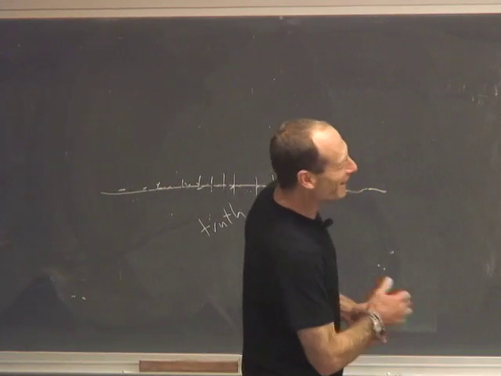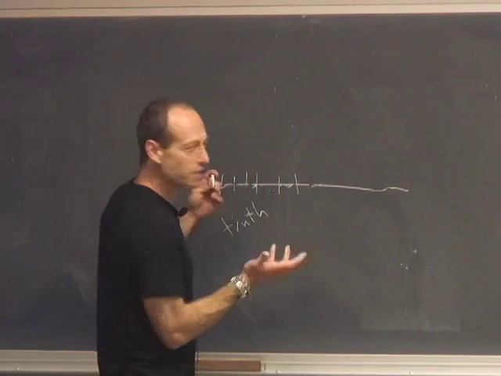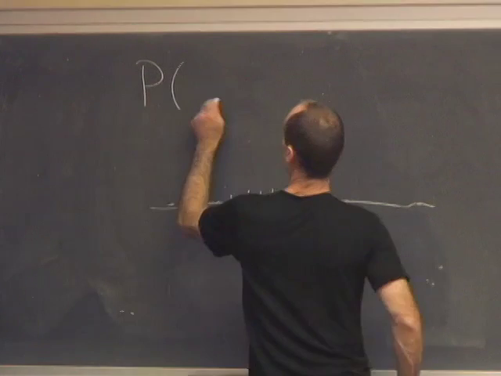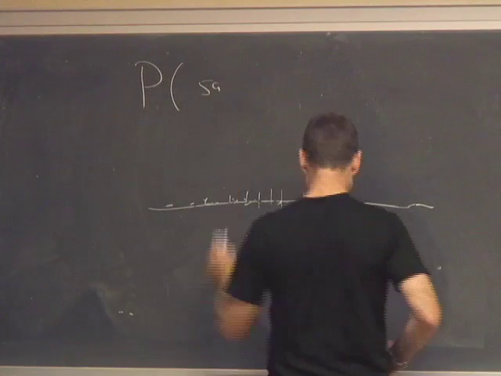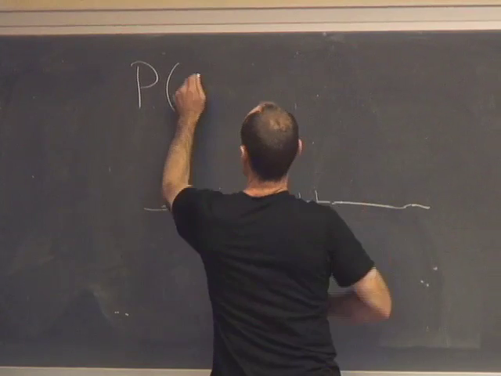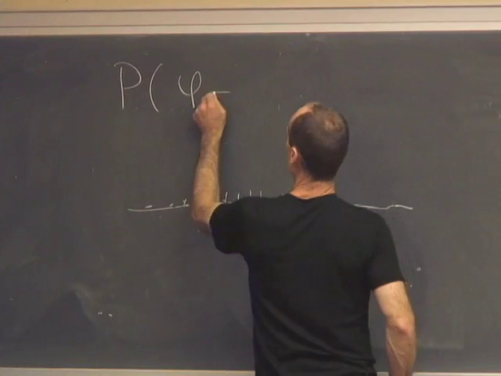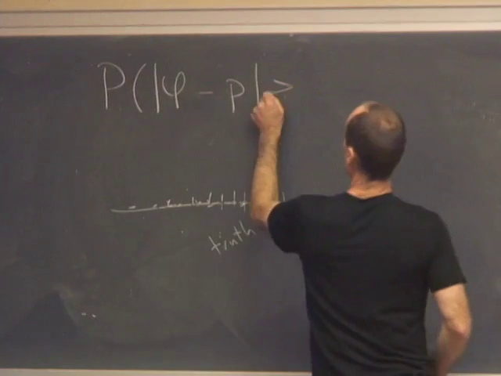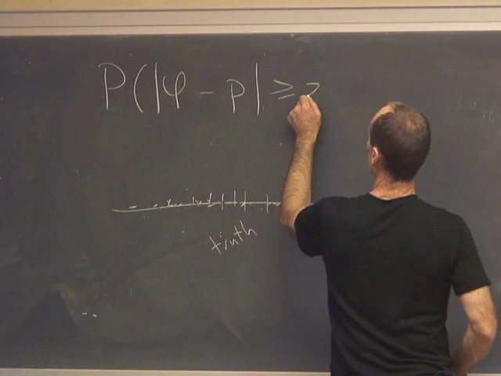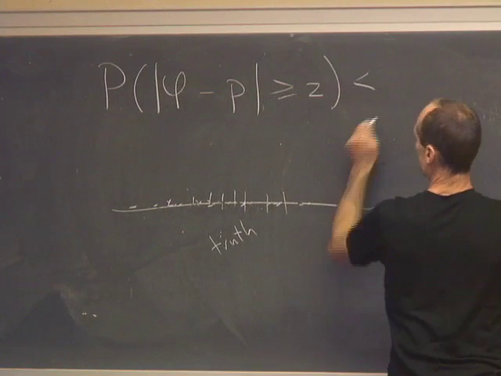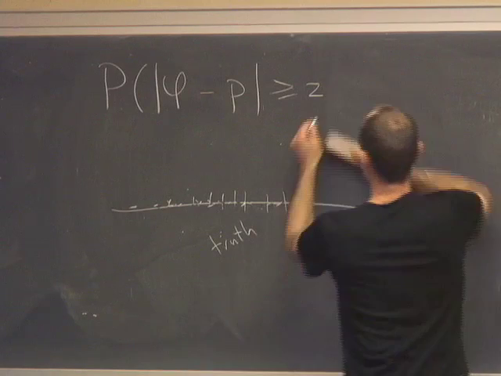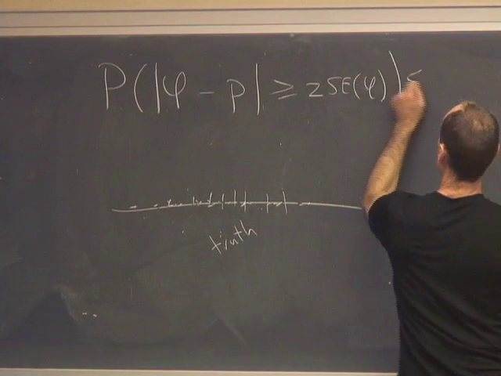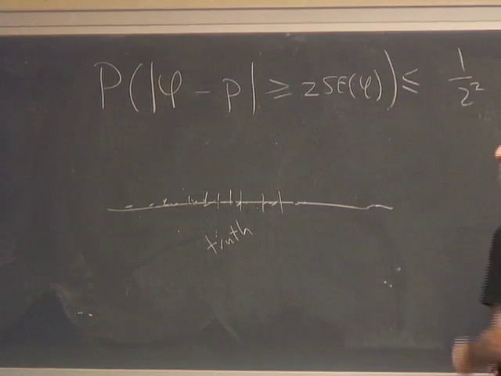Chebyshev's inequality says that the probability that the sample percentage, which we're using the symbol phi for, minus the population percentage p, is bigger than or equal to 2 times the standard error of the sample percentage, is less than or equal to 1 over 2 squared.